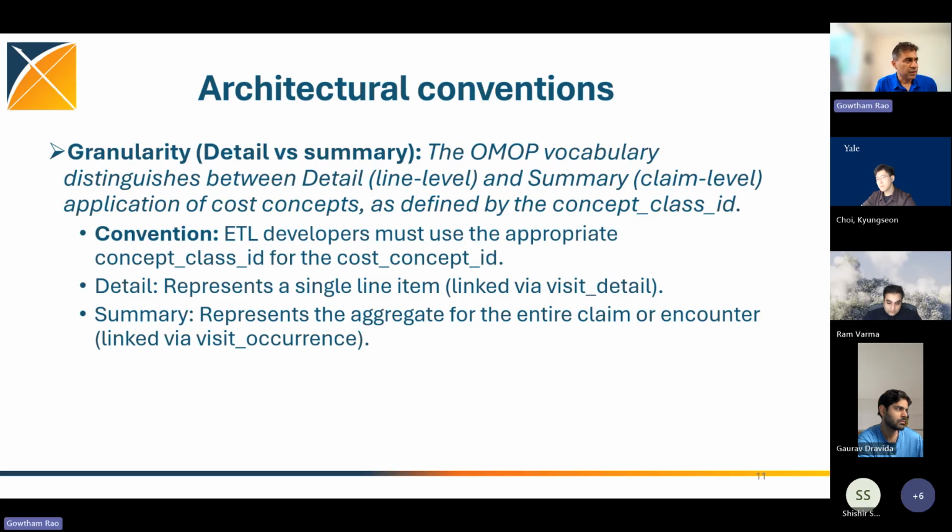The OMOP vocabulary concept IDs will give you a concept ID, it's already there, that tells you whether this is a line level or a summary level. And that is a concept class ID in the OMOP vocabulary. So ETL conventions will describe those.